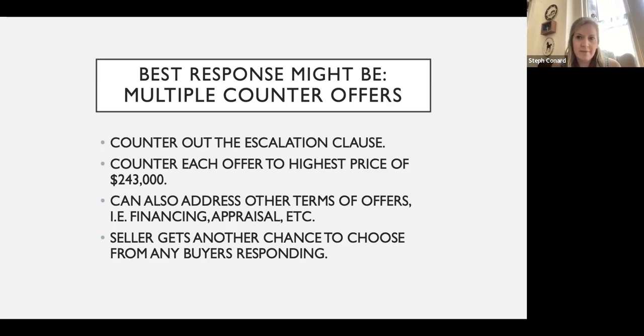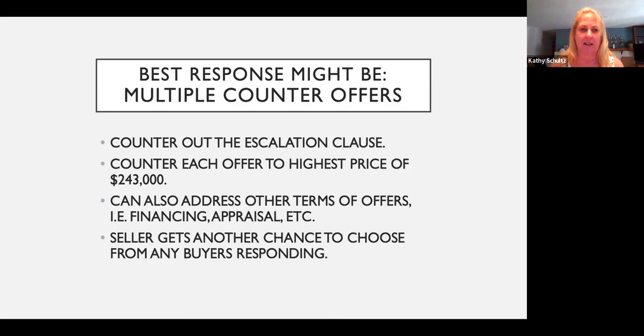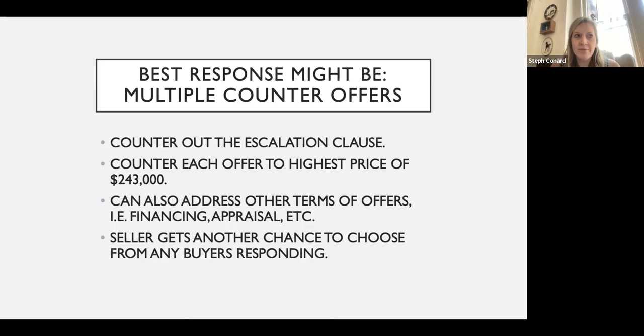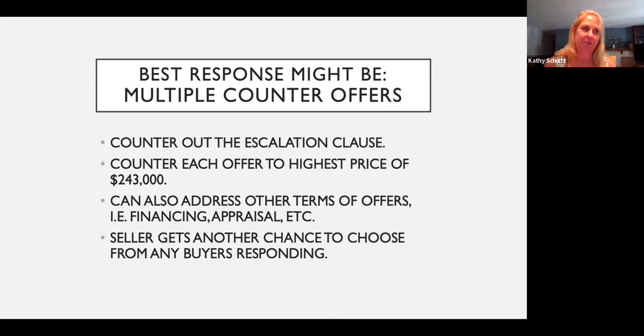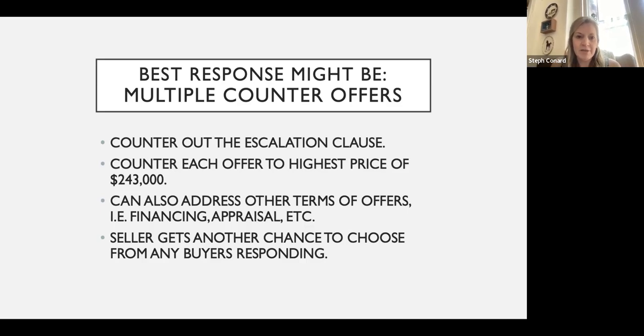And if they're in a multiple counter situation doing double escalation clauses, obviously they have some skin in the game and want the house. Exactly. You might even be able to get over a max price. So again, having that confidence, it might be the best thing for your sellers to do that.